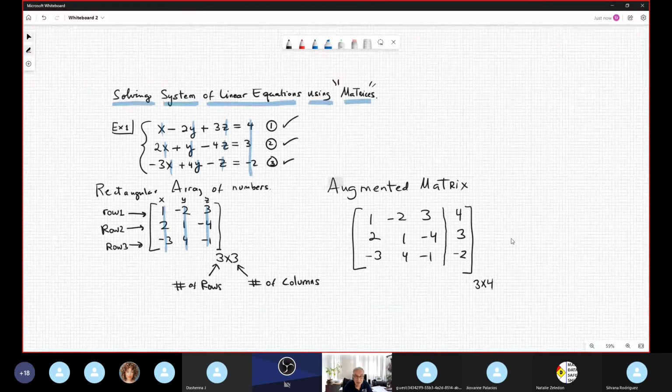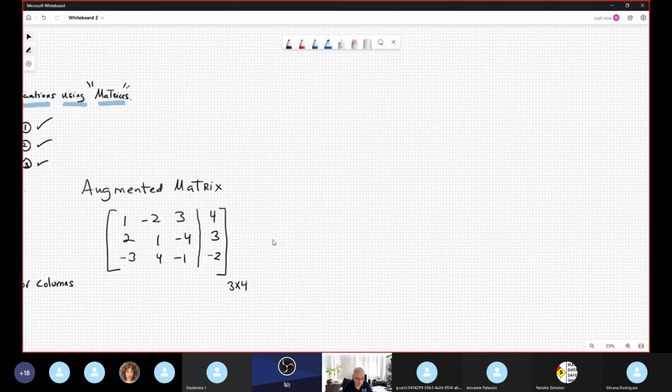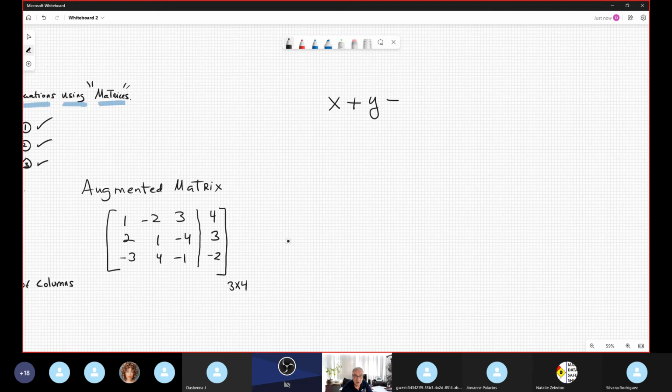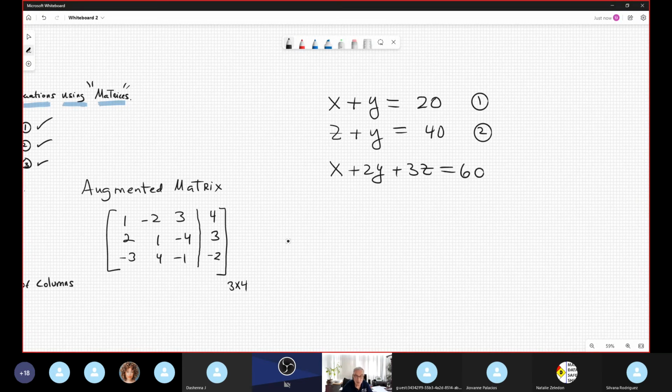One tricky but easy example in which I give you one system of equations: x plus y equals 20, equation 1, y plus z equals 40, equation 2, and the last equation is x plus 2y plus 3z equals 60, equation 3.